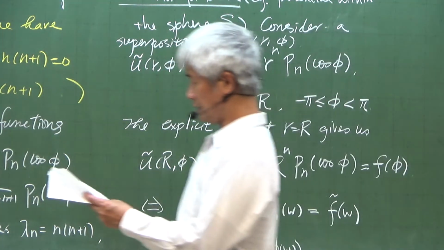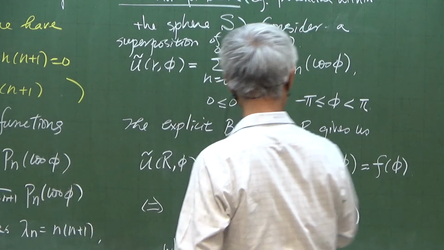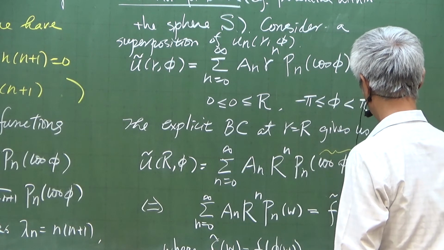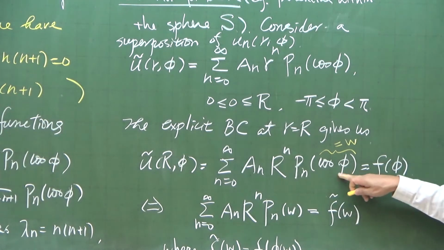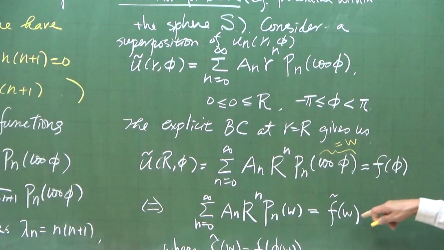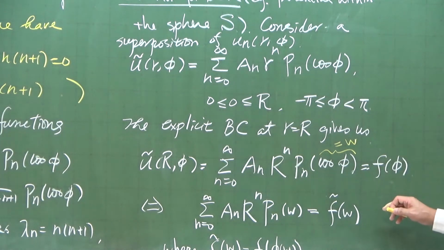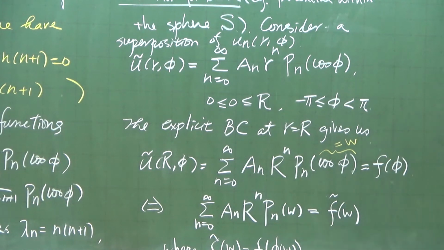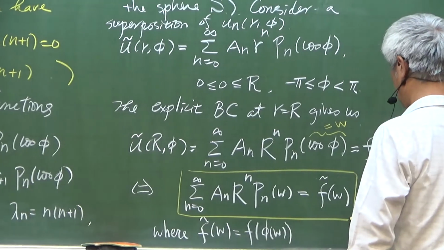Because remember, w is cosine phi. So we have one-to-one correspondence. So this is the definition to here.